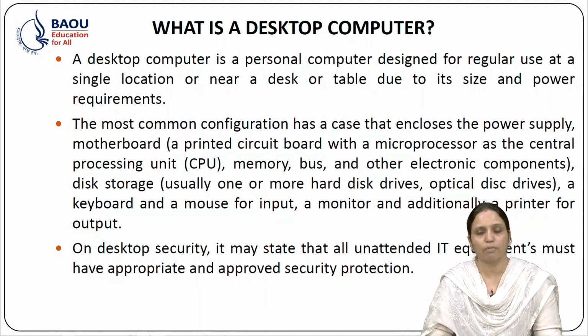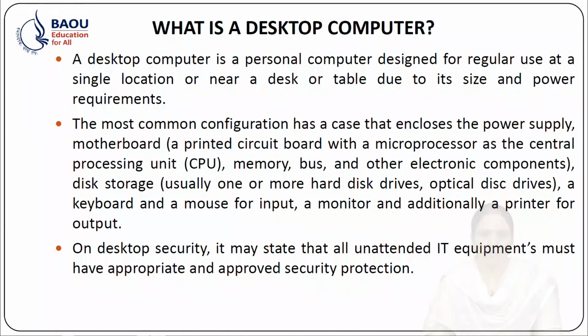A printed circuit board with a microprocessor as the central processing unit, that is the CPU, then memory, bus and other electronic components. Then disk storage, usually one or more disk drives, that is optical disk drives, a keyboard and a mouse for input, a monitor and additionally a printer for output. That can be part of the whole desktop system.